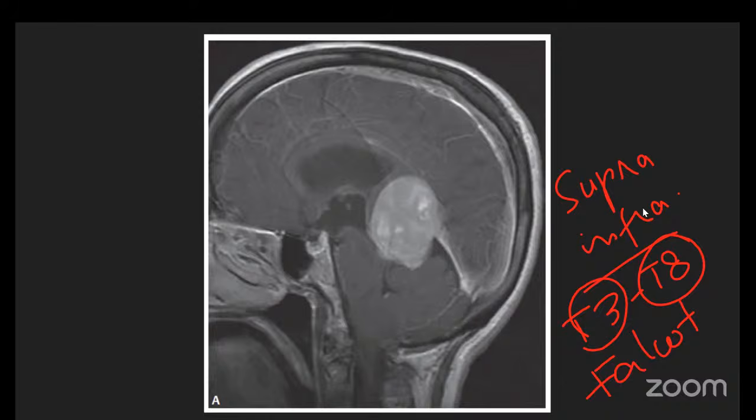So tentorial, and this is both the supra and the infra. How are you going to decide a surgical approach, and what is one deciding factor that is going to determine whether you are going through here or through here? Sinus involvement. Intracerebral vein involvement.